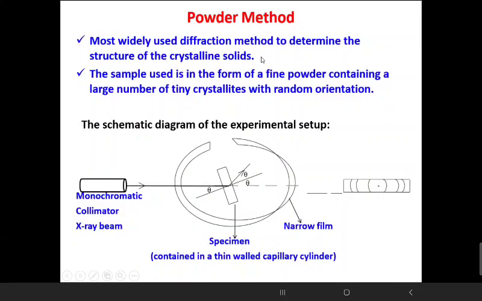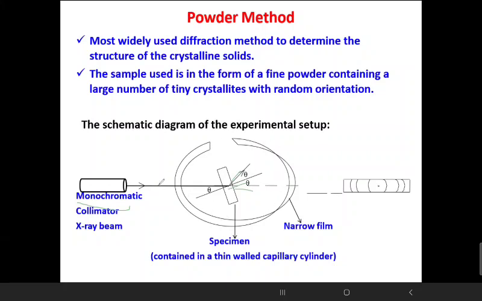This is the powder method, or powder sample method, the most widely used diffraction method. Here you can see this is your monochromatic light source. This is your crystal and you are changing theta, and you can observe the diffraction pattern on the film.